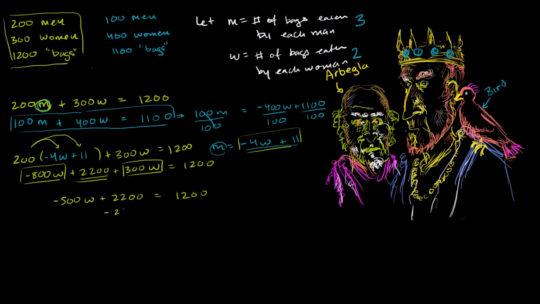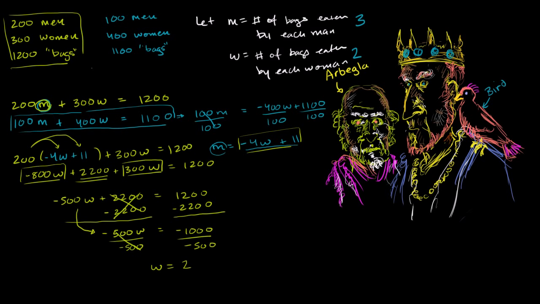So subtract 2200, subtract 2200. On the left-hand side, you're left just with the negative 500w, and on the right-hand side, you are left with negative 1000. And this is starting to look interesting, because if we divide both sides by negative 500, we get w is equal to 2.